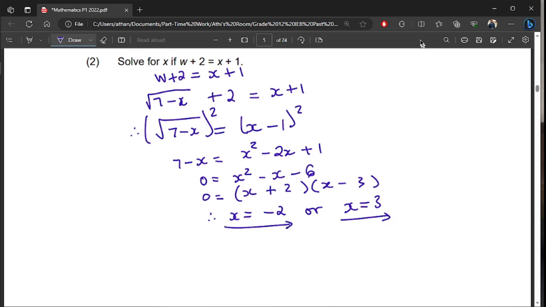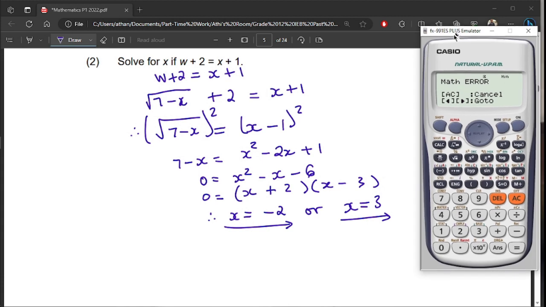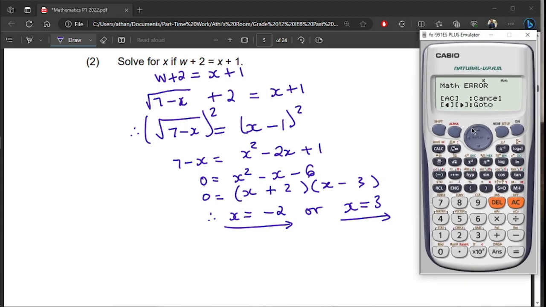But now let us check if our answers are fine. Using a calculator, let us check if the value of x is the one. I'm going to use the equation on the second step. So let's try to substitute here: square root of 7 minus 2 as the value of x, plus 2, this is equal to 5.